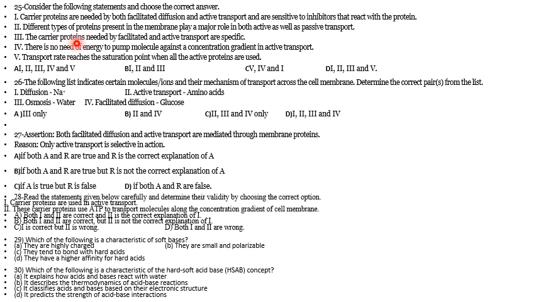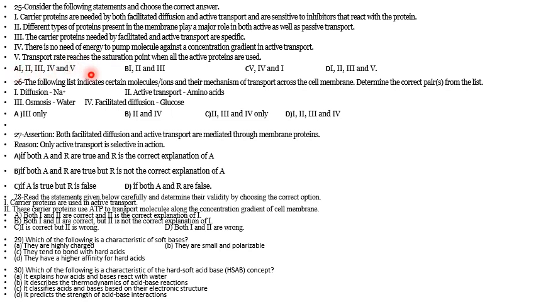Number 2 بيقول لك different types of protein present in the membrane play major role in both active as well as passive transport. Number 3 the carrier proteins اللي هو البروتين اللي هيحمل ايون الصوديوم او ايون البوتاسيوم needed by facilitated and active transport are specific. في number 4 there is no need of energy.